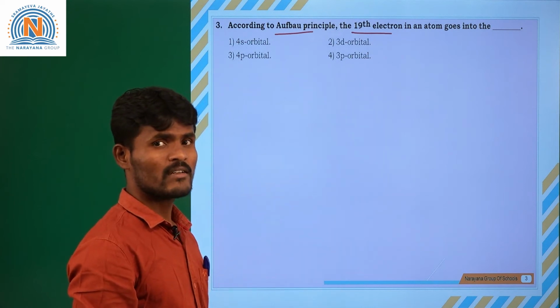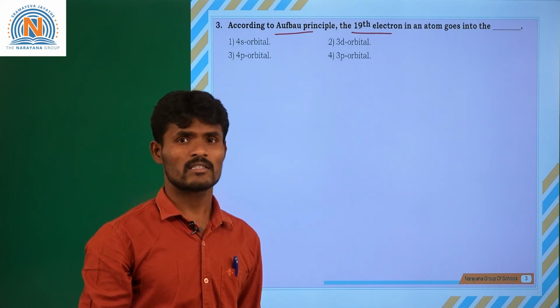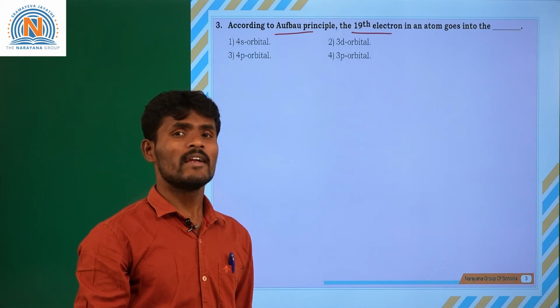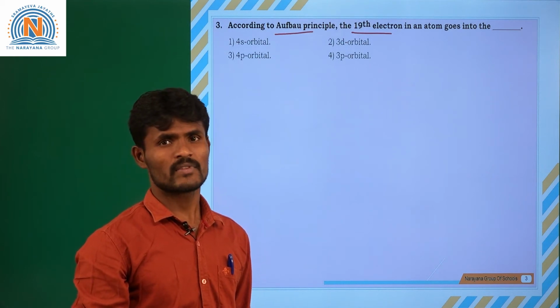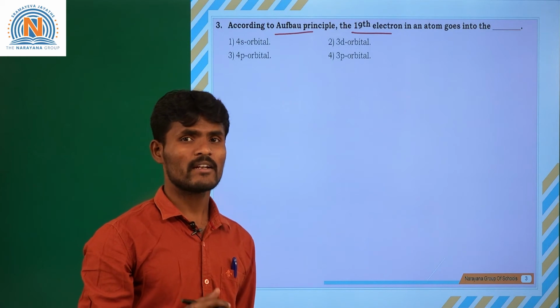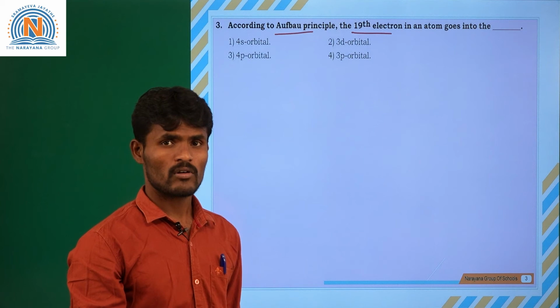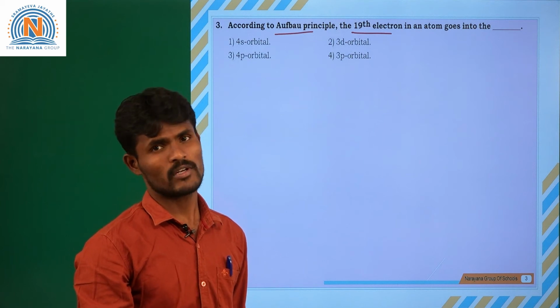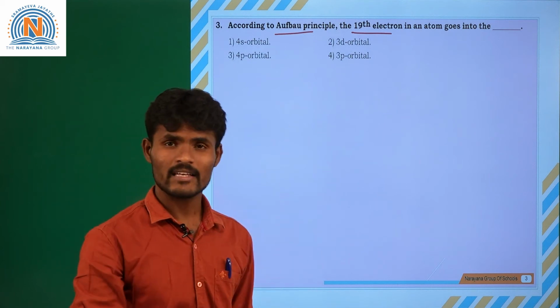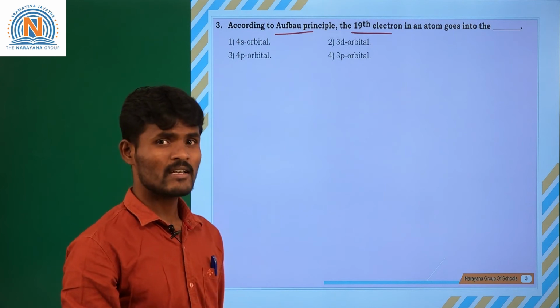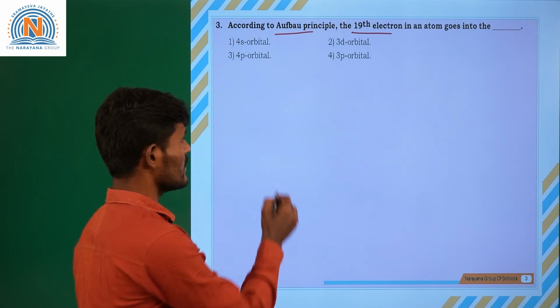The number of electrons indicates the atomic number, that is, the atomic number indicates the number of electrons or number of protons. The 19th electron means the atomic number is 19.